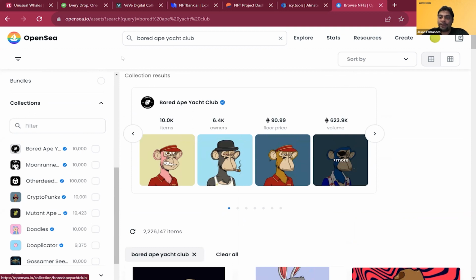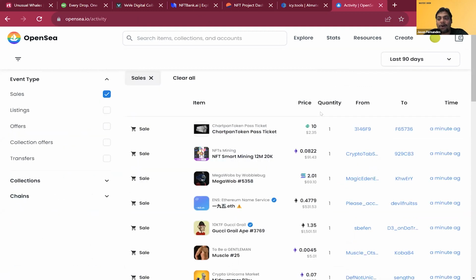Actually, activity is really useful because it shows you how often a particular NFT is being sold. So one of the things you want to look at when you're buying an NFT is how often a new NFT is being minted from that collection, and then the flip side of that, how often are they being successfully sold and for what price?